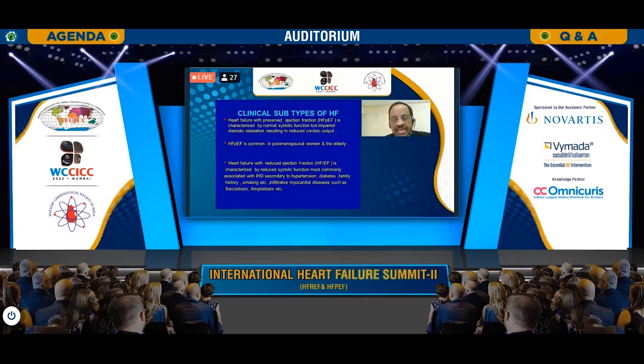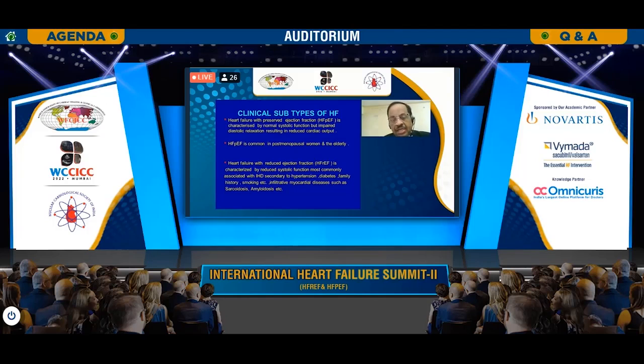So what are the clinical subtypes of heart failure? As you know, heart failure is of 2 types. Heart failure with preserved ejection fraction, called HFpEF, is characterized by normal systolic function but impaired diastolic relaxation, resulting in reduced cardiac output.